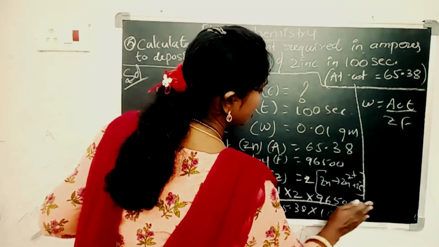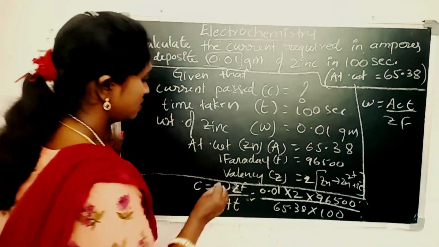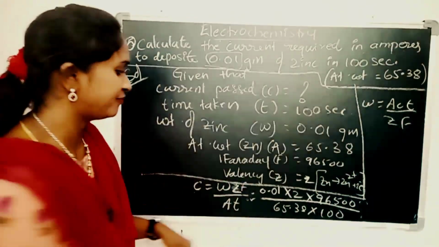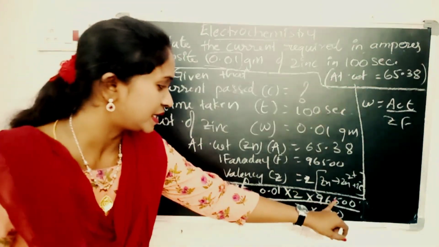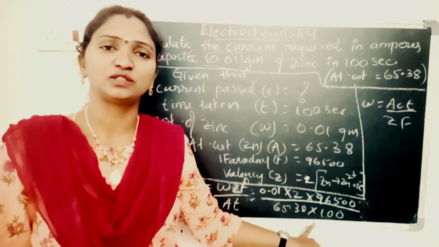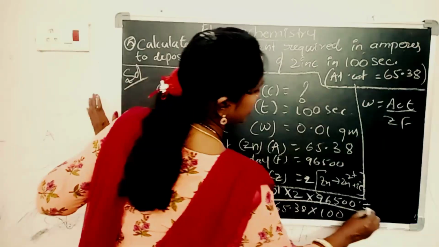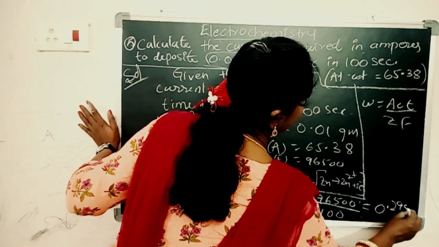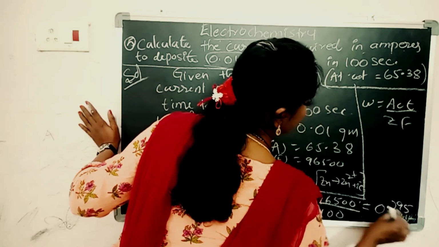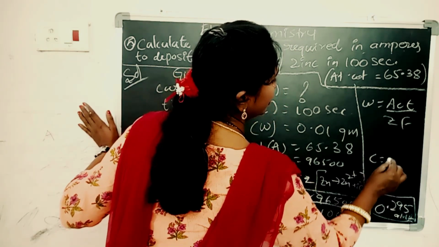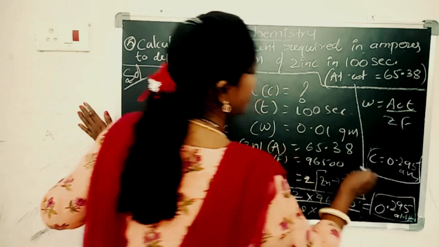So C equal to WZF by AT. After calculation, we get 0.295 amperes. So C equal to 0.295 amperes. This is the final answer.